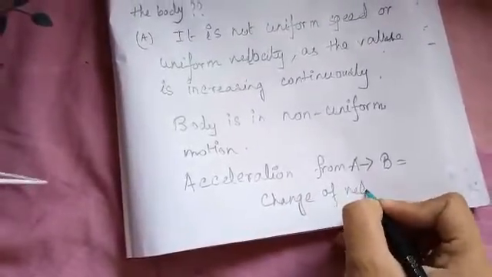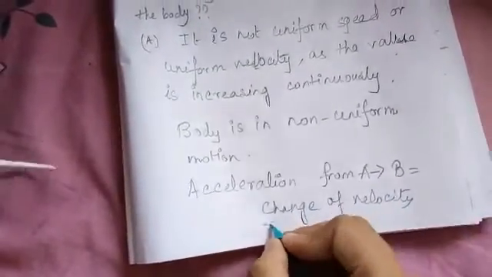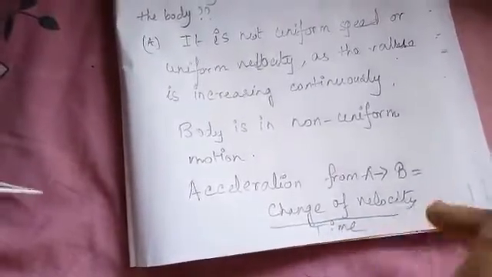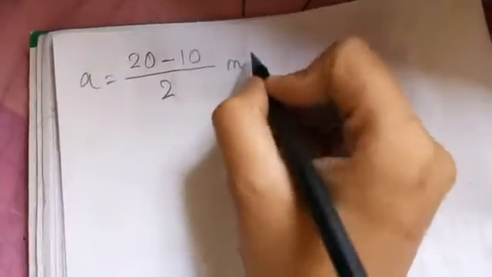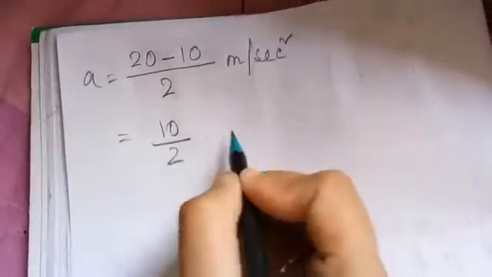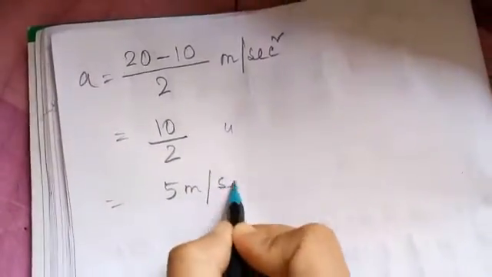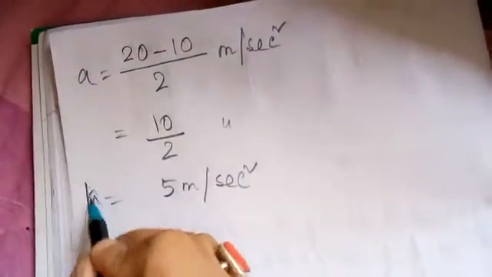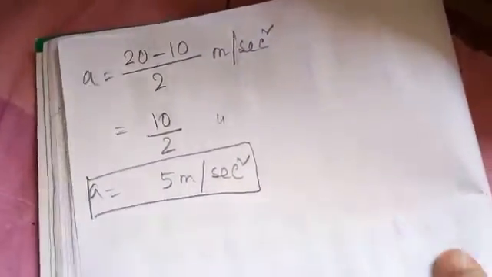That is 20 minus 10 meters per second, and the time taken is 2 seconds. So 10 by 2 is 5 meters per second square. From A to B the acceleration is 5 meters per second square.